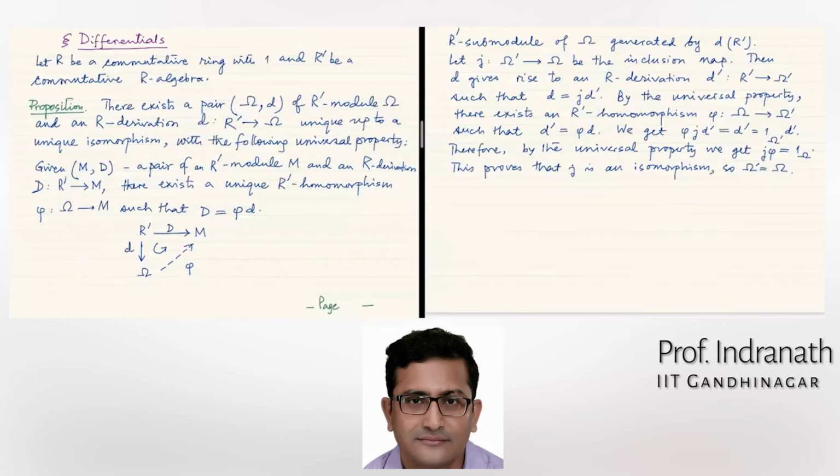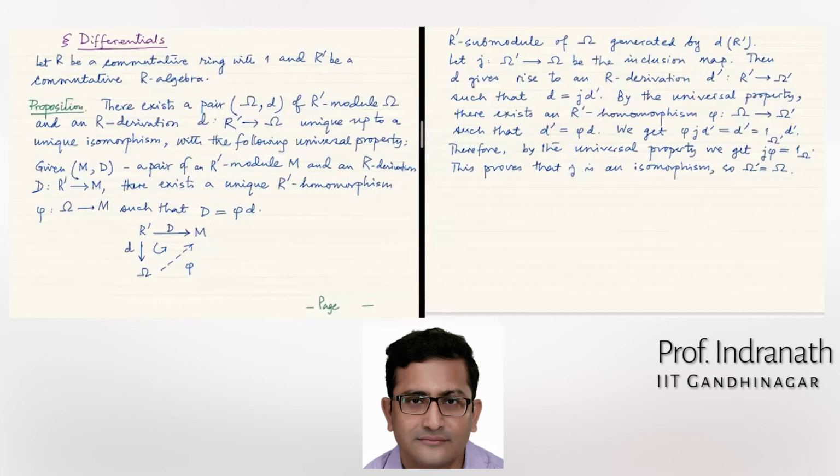Then D, so basically you will be using the universal property once again, that D gives rise to an R dash derivation from R dash to omega dash such that this happens. So by the universal property, there exists an R dash homomorphism from omega to omega dash such that you have D dash equal to phi D. Just keep your eyes on this picture and you will understand.